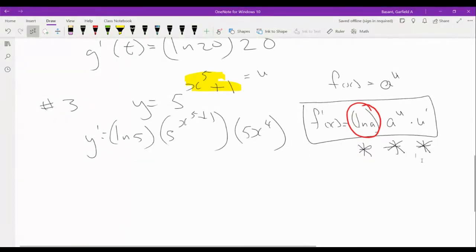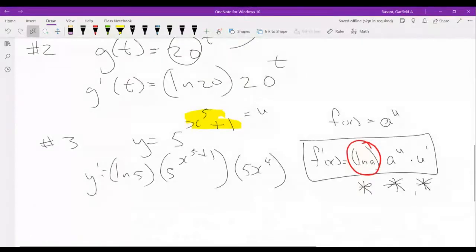Any questions on this? The last part. All right, let's make sure we're talking about... Are you talking about this part, Martha? Okay. So this is a to the u.